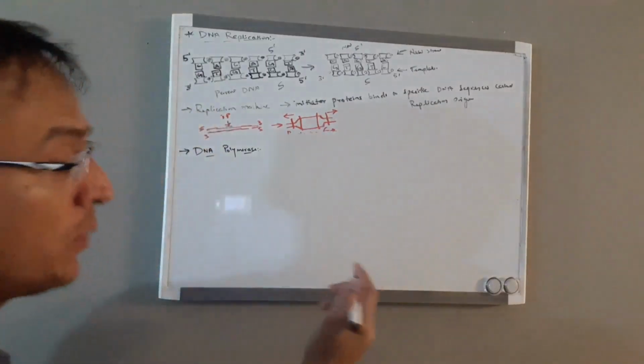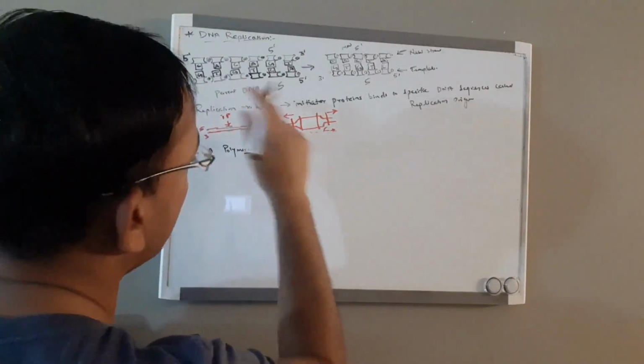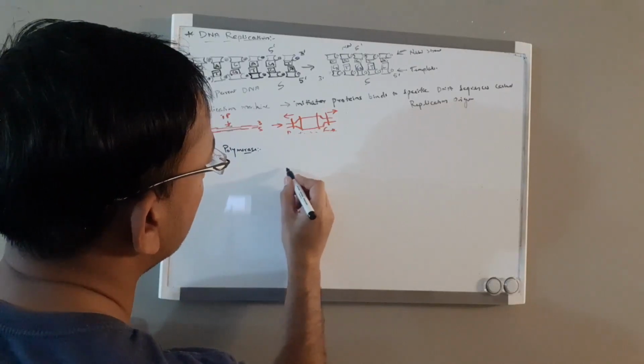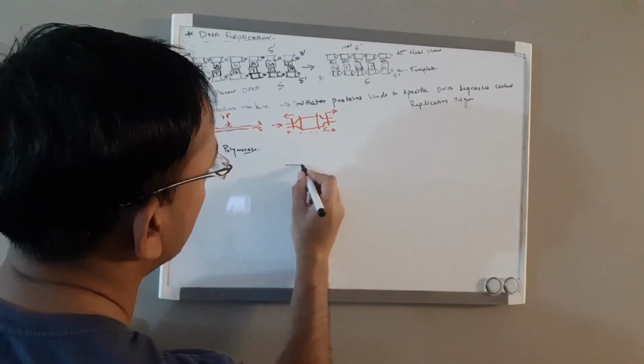So I will make an image of a DNA, just a simple 2D image.